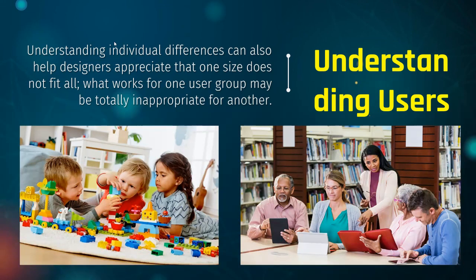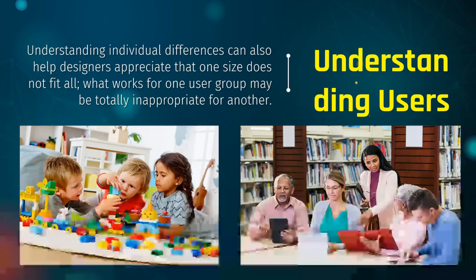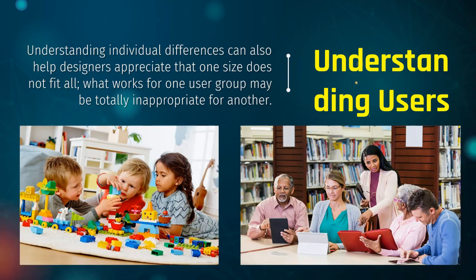It might be true for some elderly people, but studies have shown that many people in their 70s and 80s and older are perfectly capable of interacting with standard size information and even small interfaces.